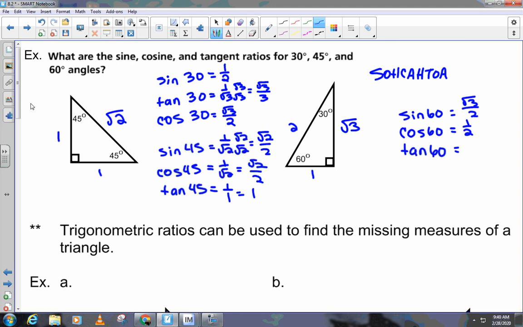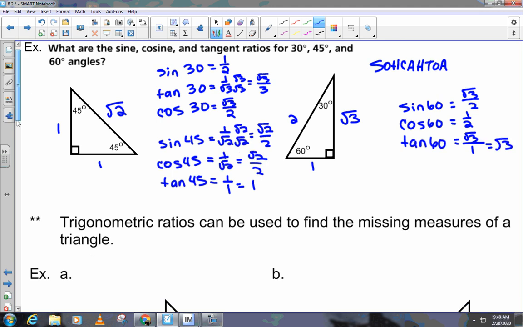And then the tangent of 60. Radical 3 over 1, that's opposite over adjacent, so that would be radical 3. So again, we're practicing setting these ratios up, but we're practicing with our special right triangles, okay? The idea is still the same, okay? All right? Okay. Now, it's the fun part. Now we get to figure out how to use those calculators, okay?